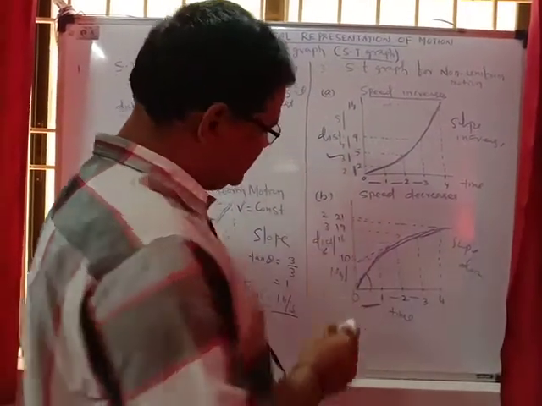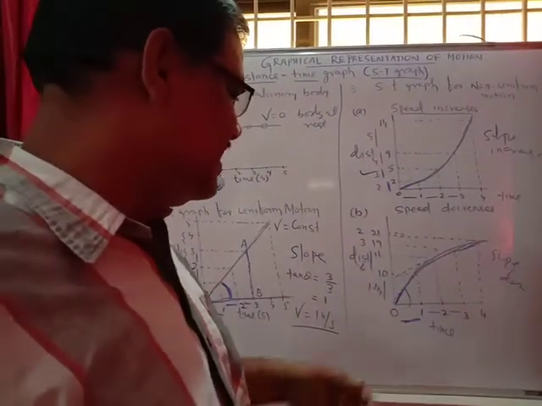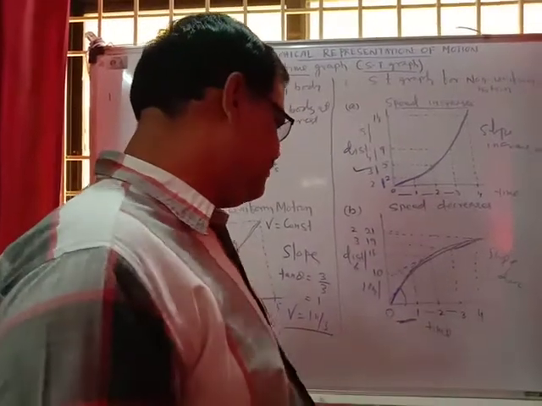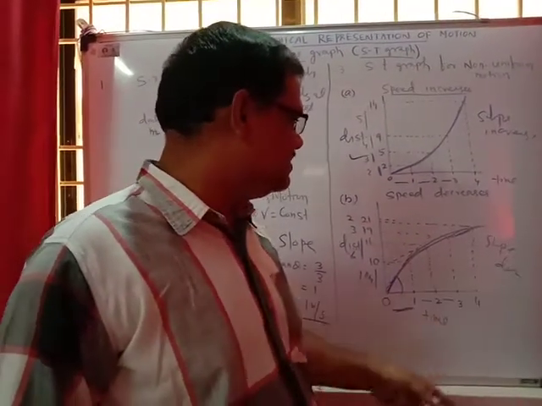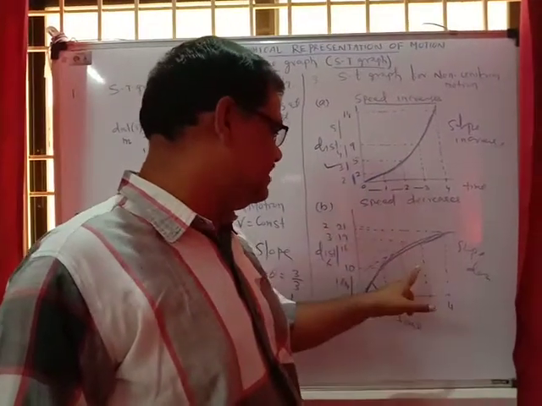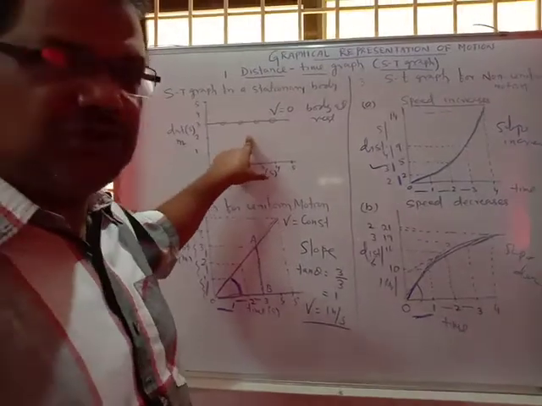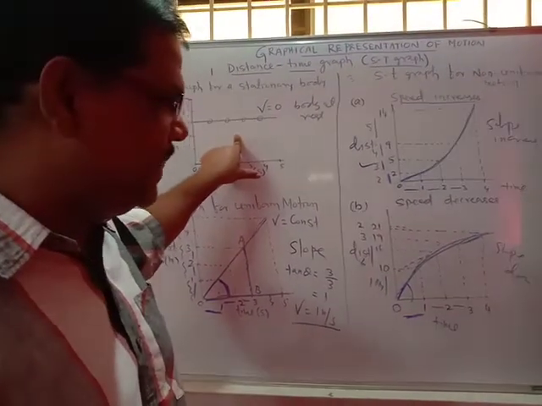So what happens here? The distance traveled is gradually decreasing. So this graph indicates that the speed decreases. So this is the increasing speed, this is the decreasing speed, this is the uniform speed, and this is the zero speed, where the object is at rest.